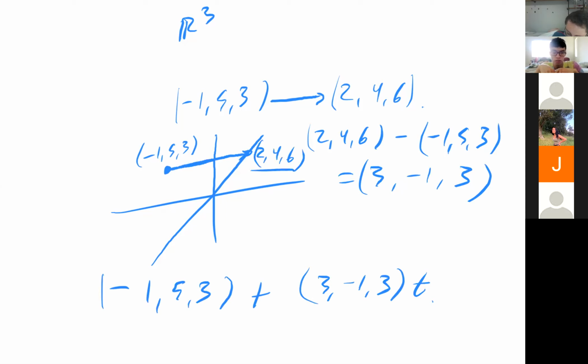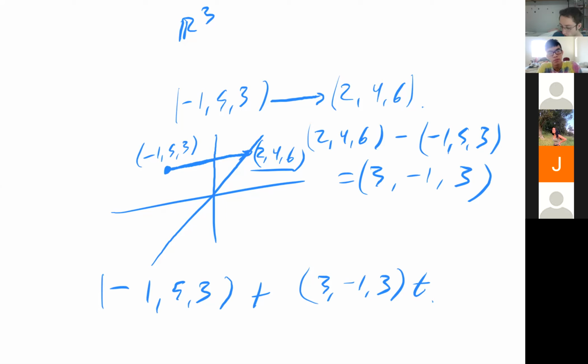Because a line is determined uniquely by any 2 points, if we have some line that passes between these 2 points, we know that we have the unique line. And then we're done.